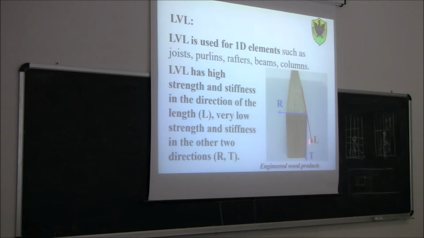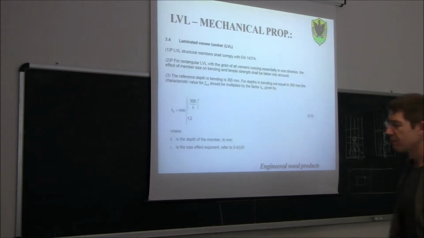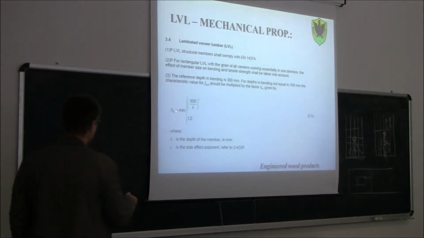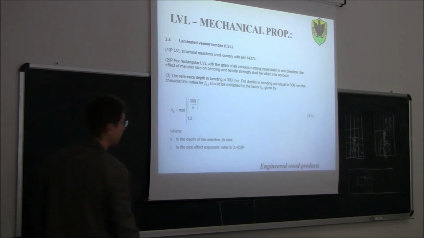Again, we said the excellent property is in the red direction, with much worse properties in the two blue directions. Here are some mechanical properties for LVL. For LVL, there are some correction factors for strength. You see this kh, because basically for LVL the reference depth in bending is 300 millimeters.